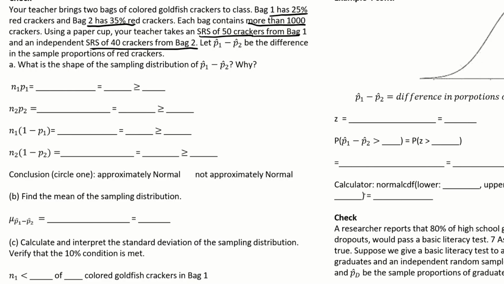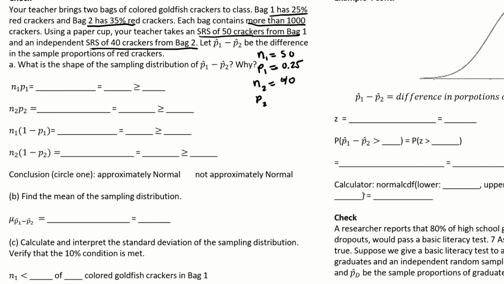What is the shape? Okay, so let's write down what we have. We have n1, which is 50 crackers from bag 1, which has a proportion of 25% red crackers, 0.25. Then you have a simple random sample of size, no, 40, sorry, from bag 2 with a proportion of 35% red crackers.